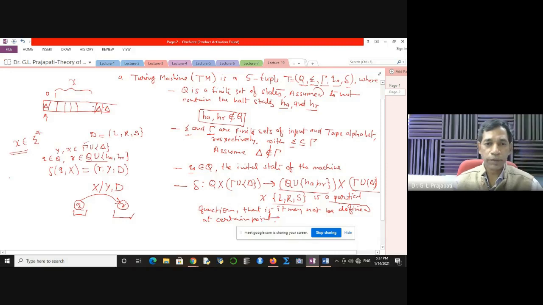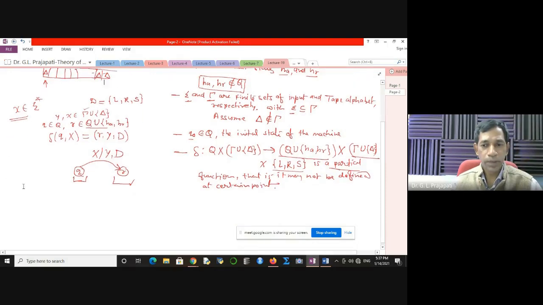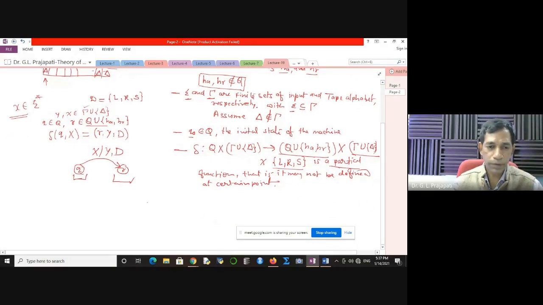This is the situation at the beginning. It means that at the beginning your machine is at state q0, the tape looks like this, and you have x. This is the configuration of a TM.